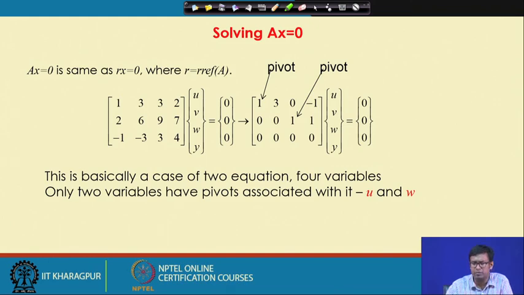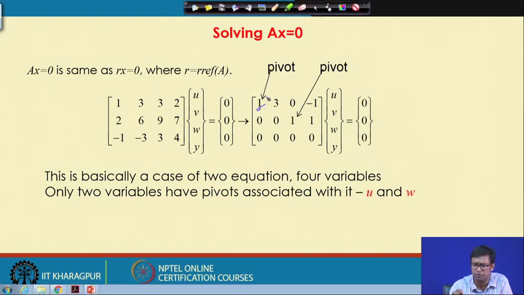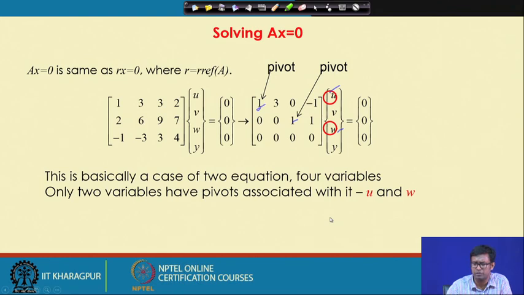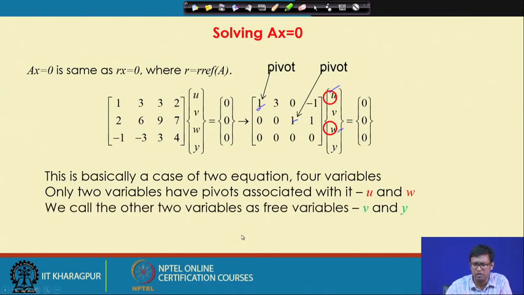Only 2 variables have an associated pivot, because this pivot will be multiplied with u and this pivot will be multiplied with w. So, v and y do not have any pivot to multiply with them. These pivoted variables are u and w, and we will call the 2 other variables, v and y, free variables.